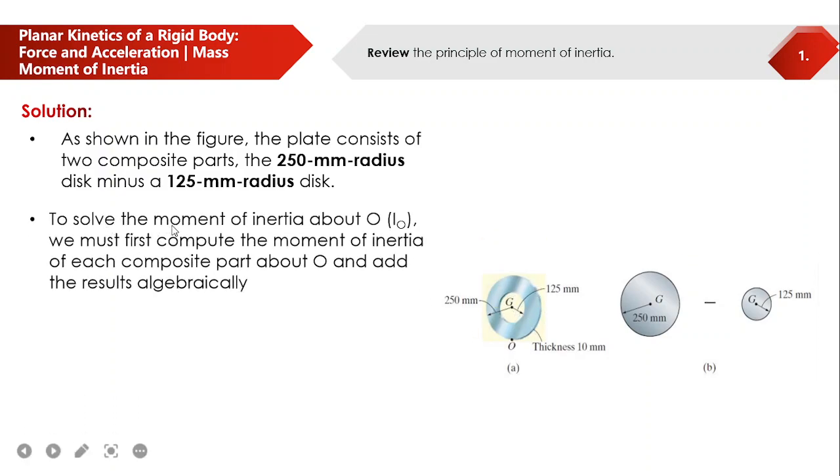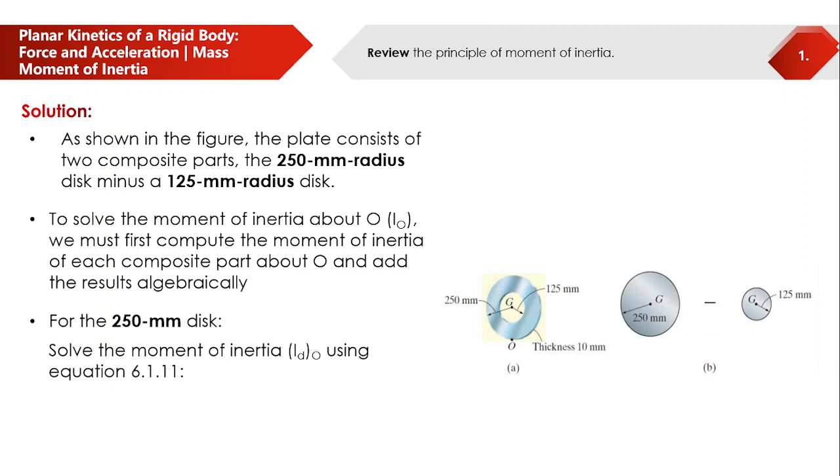Okay? So to solve the moment of inertia about O, or I sub O, we must first compute the moment of inertia of each composite part about O and add their result algebraically. Okay? So for the 250 mm disk, solve the moment of inertia of the disk using equation 6.1.11.